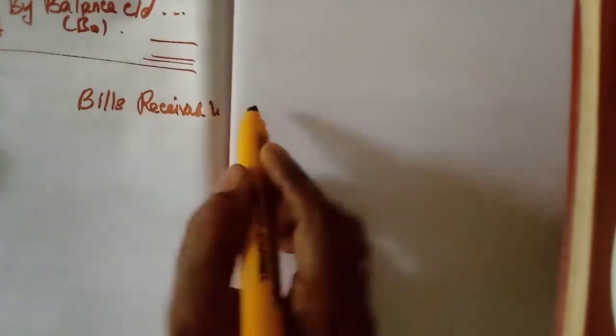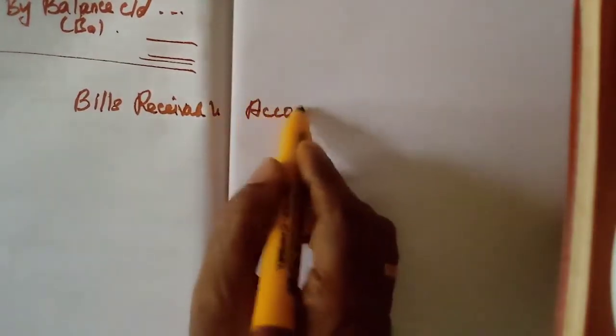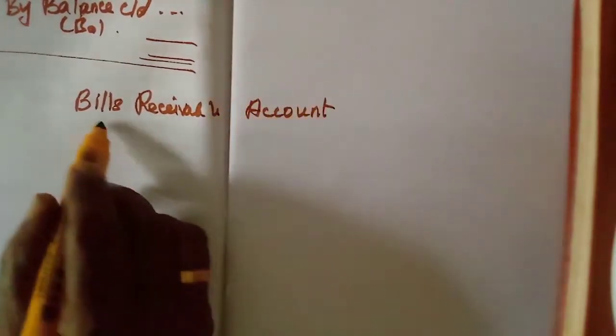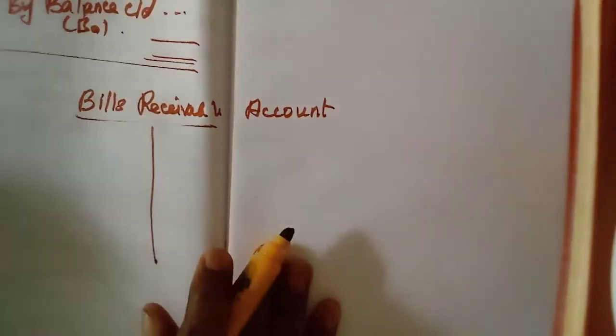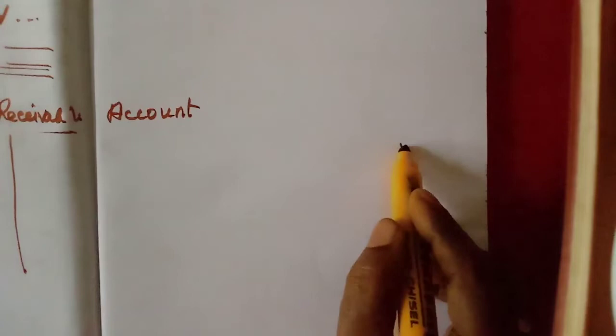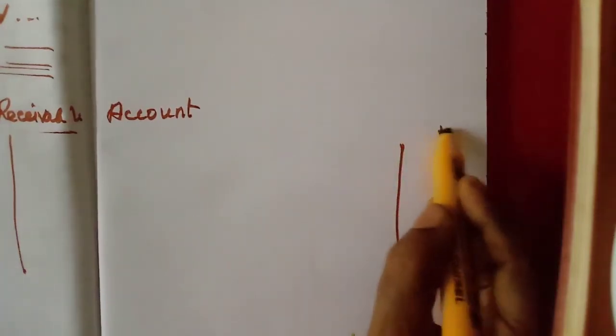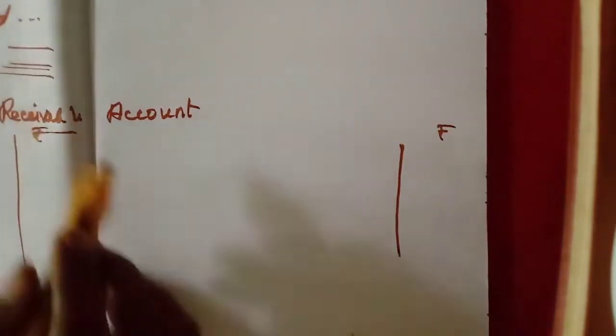Bills receivable account. Here one amount column, here also one amount column. Rupees. Debtor, creditor and all we have to write.